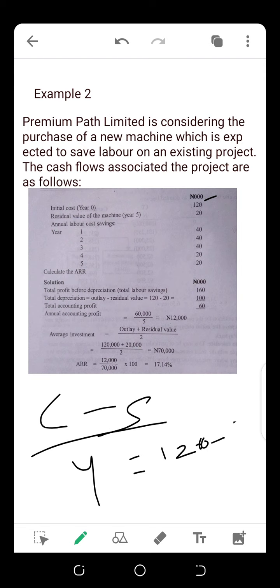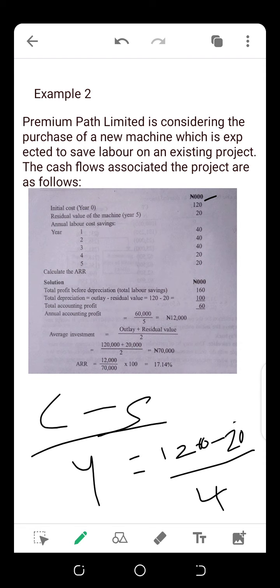Divided by how many years do they have there? They have 4 years. The accounting depreciation is 120 minus 20, which is 100. That is total depreciation. If you divide it by 4, you have depreciation for each year.